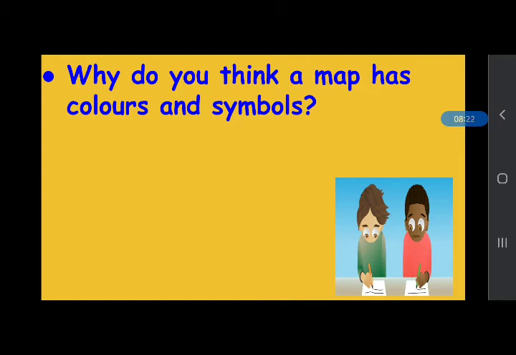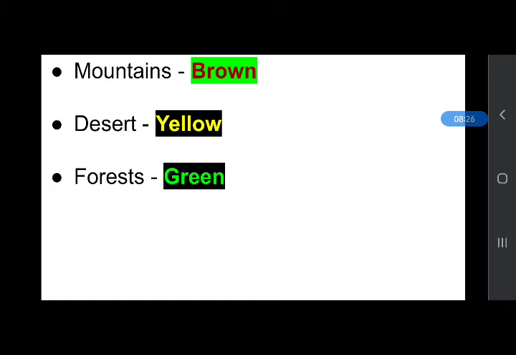So all water bodies are marked in blue, mountains are in brown color, deserts are in yellow color and forests are in green color. All the capital cities are usually marked with a black dot. Therefore, all maps have different colors and symbols to mark various places which help us read them easily.